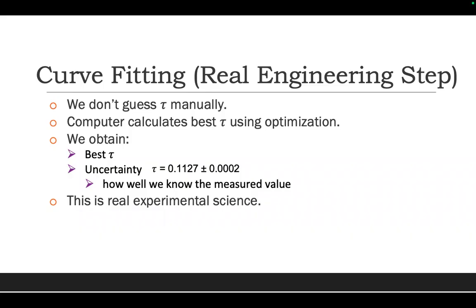Here is an ideal uncertainty, 0.0002, because when the program gives you the tau, there will be uncertainty. This uncertainty tells you how well we know the measured value, because the tau the optimization method gives you may not be that accurate, since your measurement may not have that accuracy. That makes sense to you? Any questions so far? This is a real experimental sense.